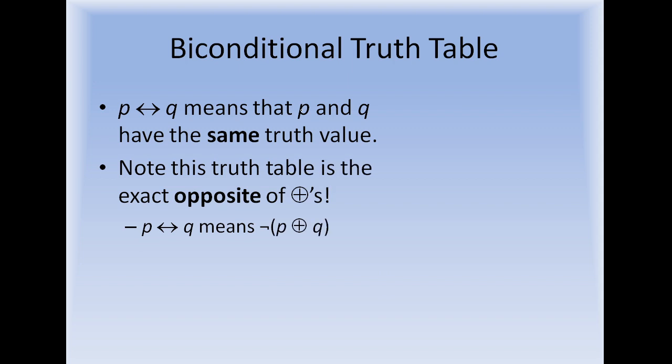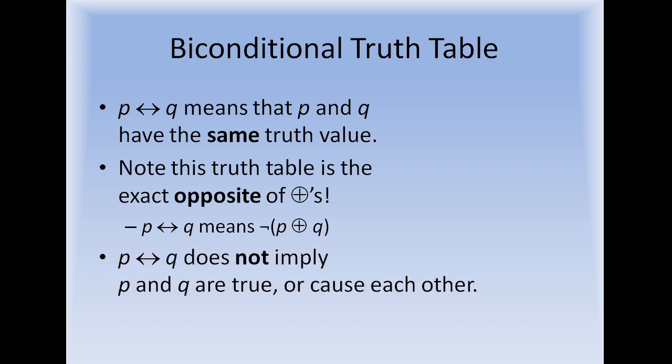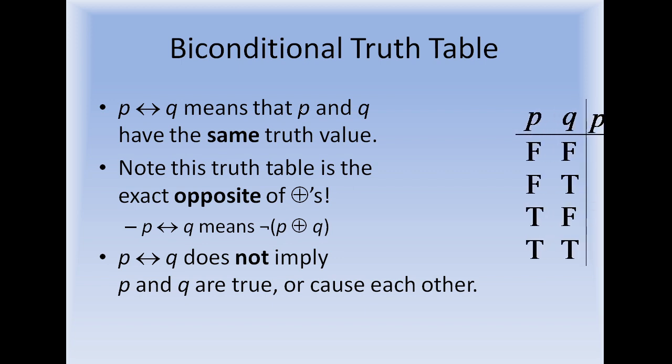Note, this truth table is exactly opposite of conjunction and disjunction. P double implies Q does not imply P and Q are true or cause each other.